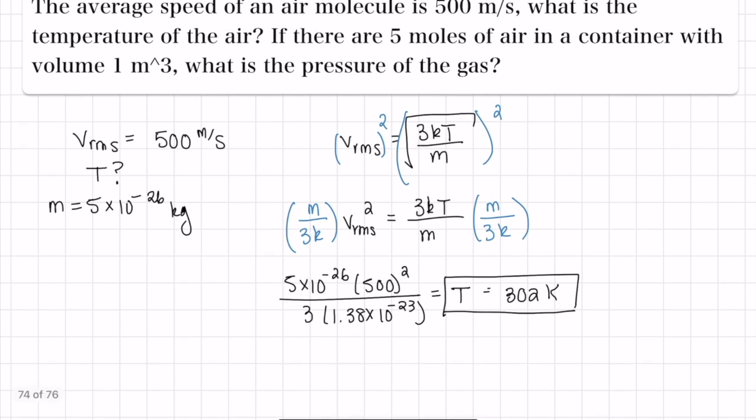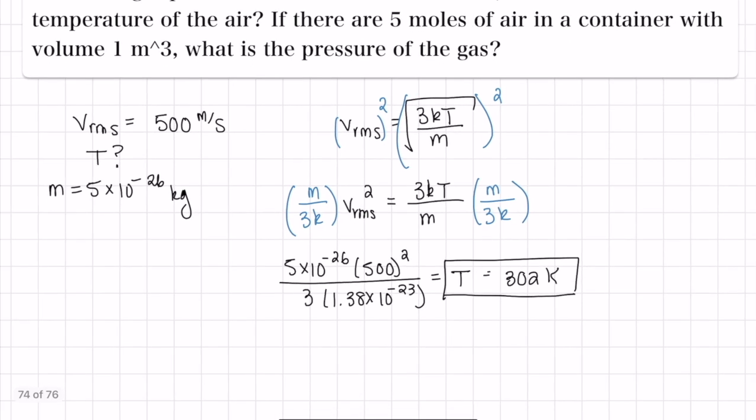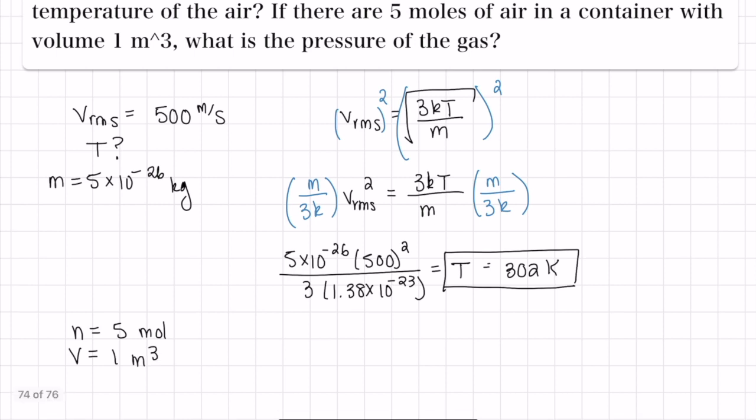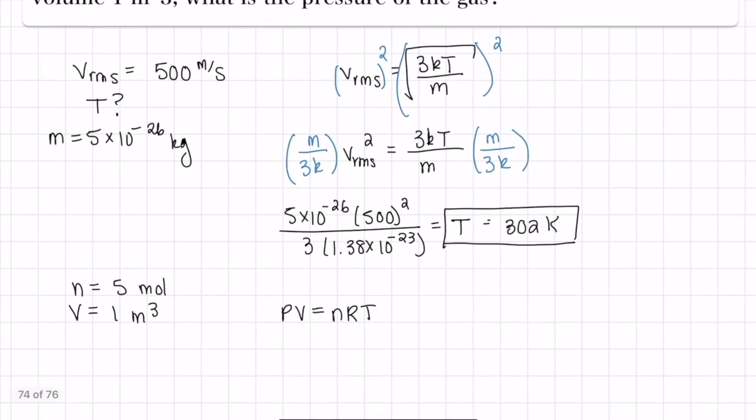So then, if we are given that our number of moles is 5 and our volume is 1 meter cubed, then we can use PV equals nRT to get the pressure.